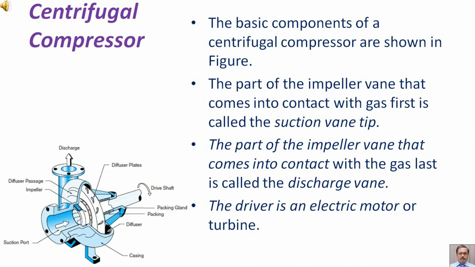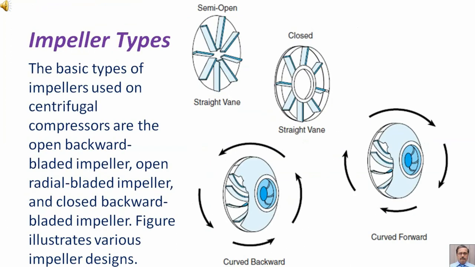The driver is an electric motor or turbine. The basic type of impellers used on centrifugal compressors are the open backward bladed impeller, open radial bladed impeller, and closed backward bladed impeller. Figure illustrates various impeller designs.